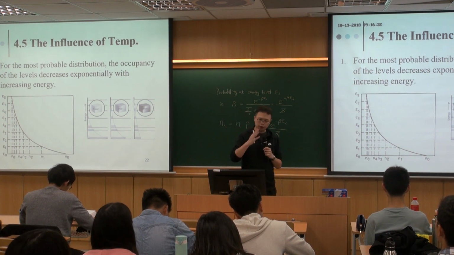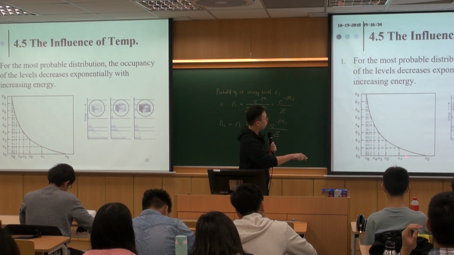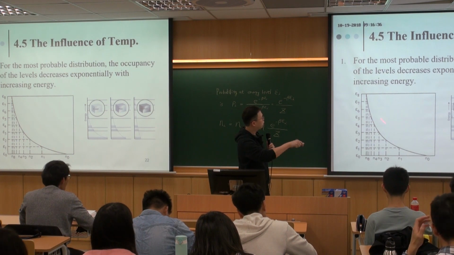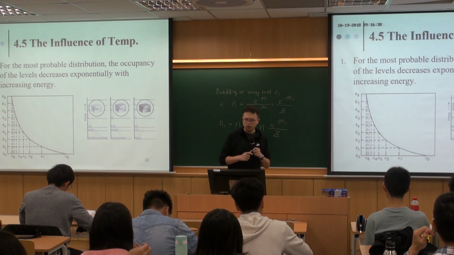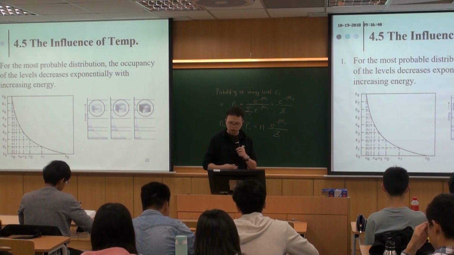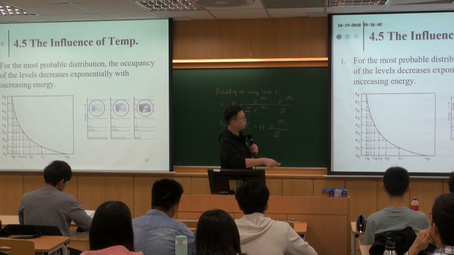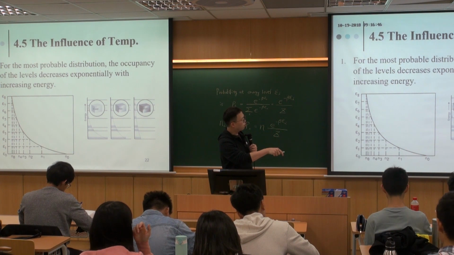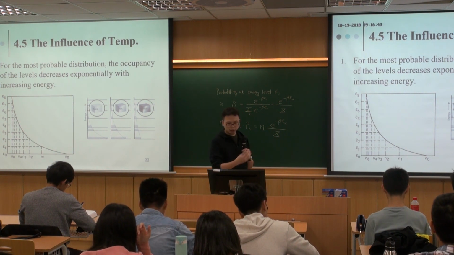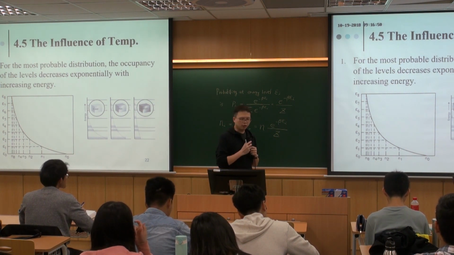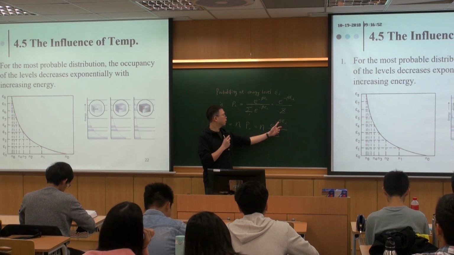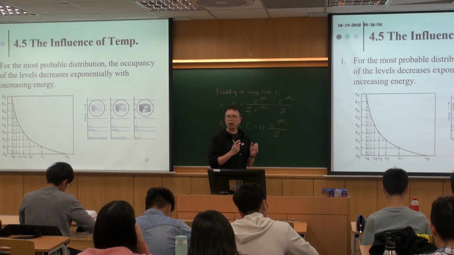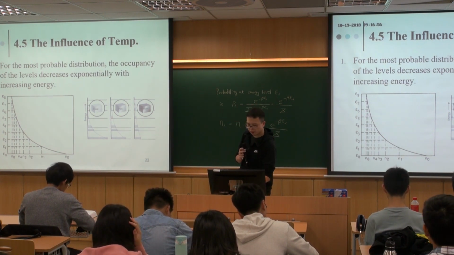And the slope of this change depends on the temperature. If you have a hotter system, then there are more and more particles occupying higher states. So it means that this factor, beta, should depend on the temperature of the system.